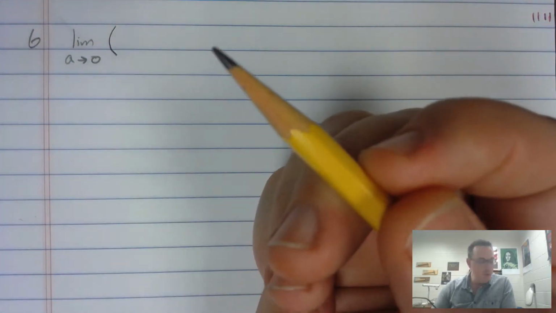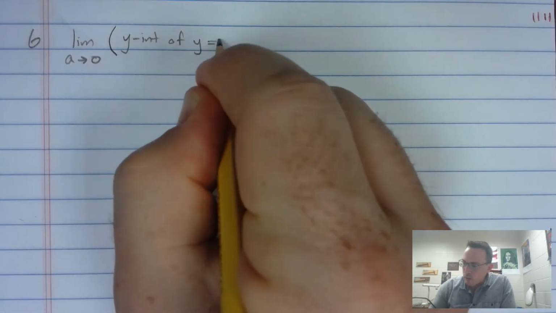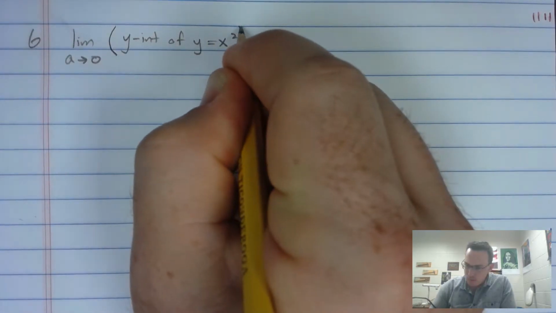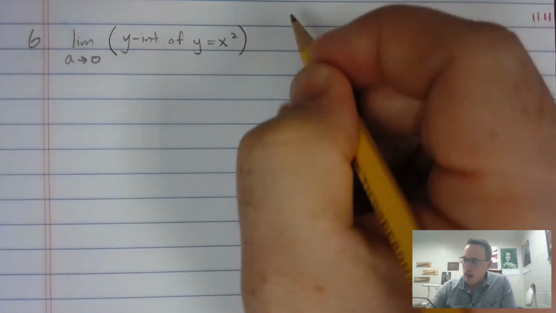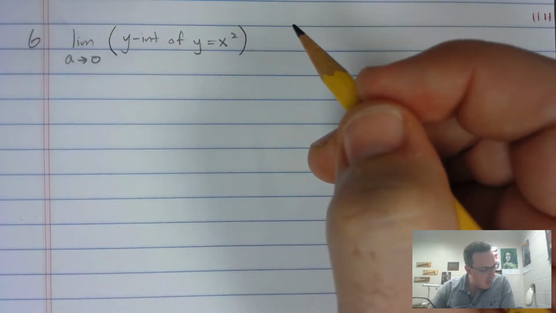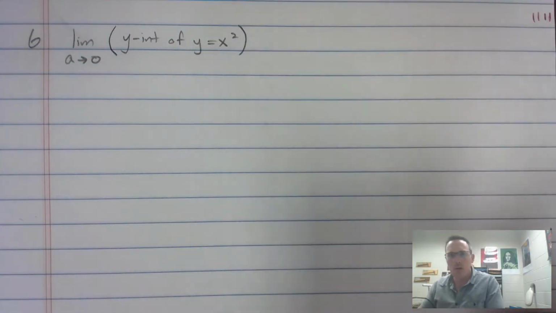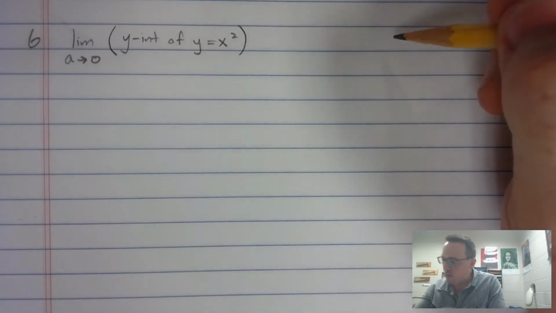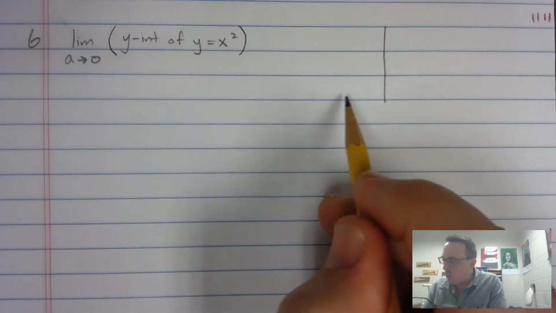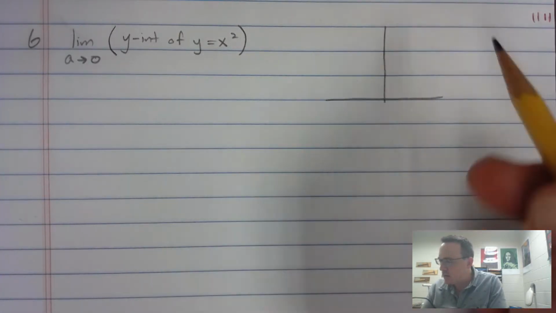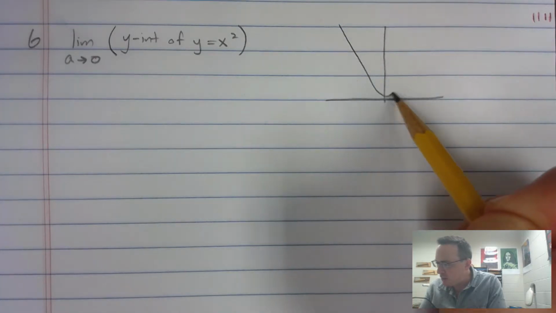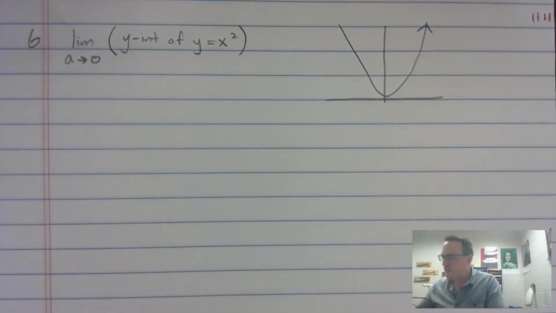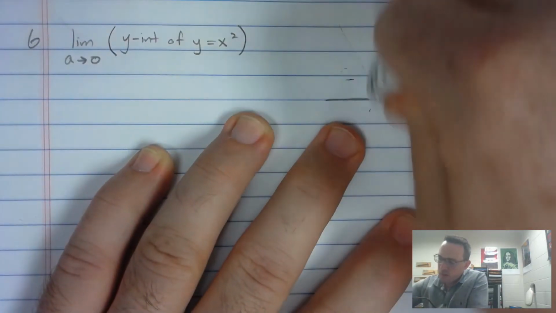So it's the limit as a approaches 0 of the y-intercept of y equals x squared. Well, and they go ahead and say at the point a comma a squared. Well, let's make sure we understand what that means graphically. We all know what y equals x squared looks like, so let's sketch out the parabola passing through the origin.